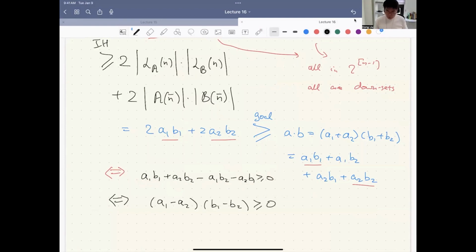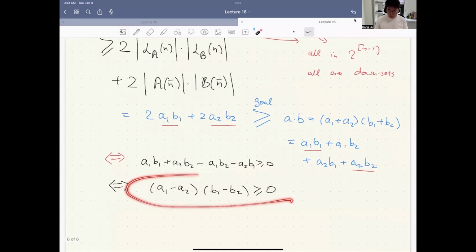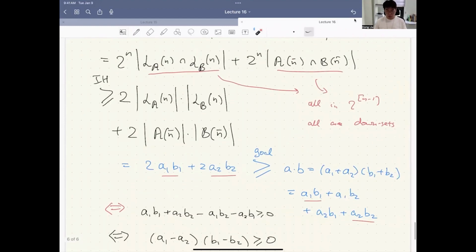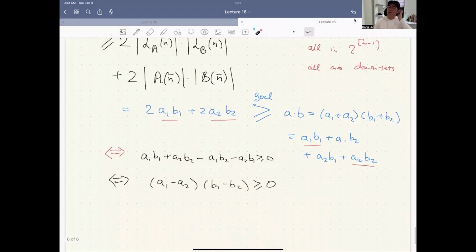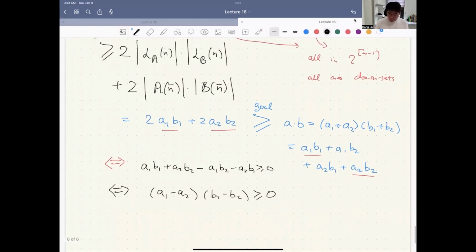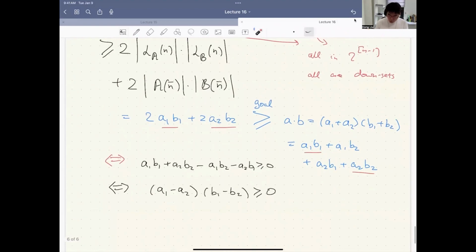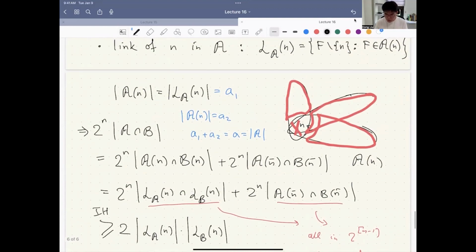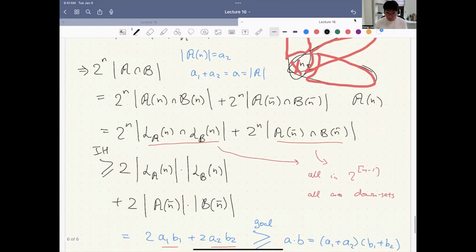So this is what we want to prove now. This is the new goal. Just some calculation, I did it for you. This inequality is enough to show. So I just need to show one of them is at least 0. The other one is defined similarly, so it's also at least 0. So what does this being at least 0 mean? Claim: A1 is the link of n.